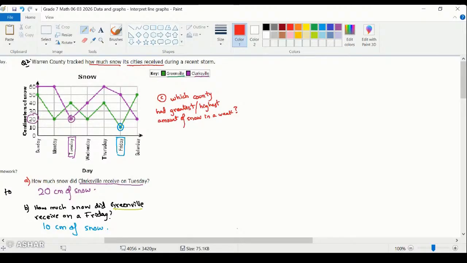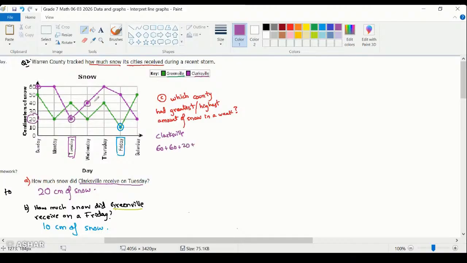So what we can do is, if we do Clarksville, on Sunday it had 60. Then on Monday it had 60. Tuesday it was 20.